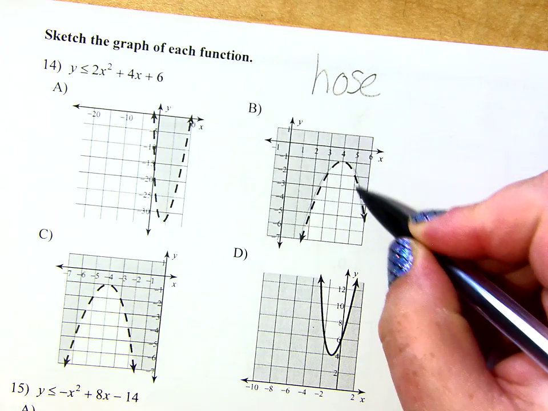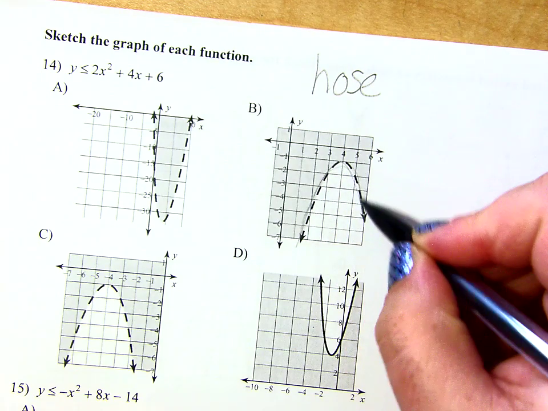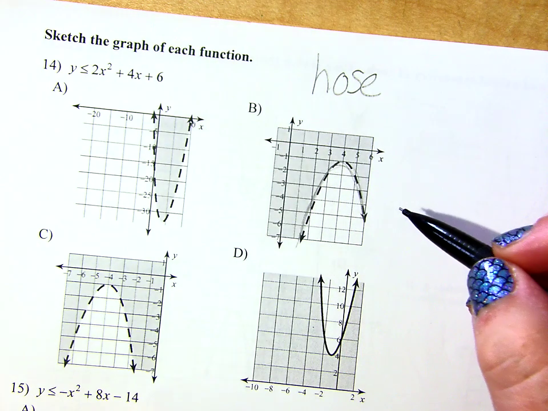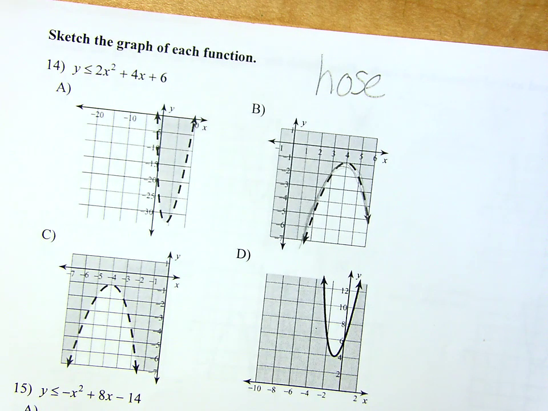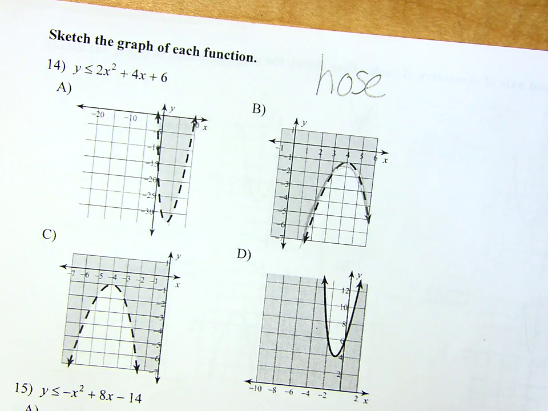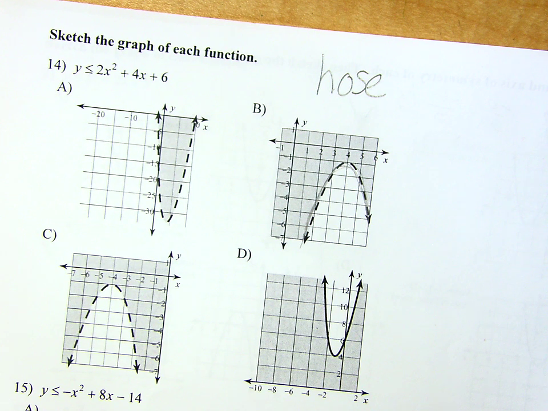Imagine that this was a hose. If it's less than, the water's going to come out. I think it's called a soaker hose or something that has holes all throughout, so it's more like a sprinkler. Can you envision what I'm talking about?